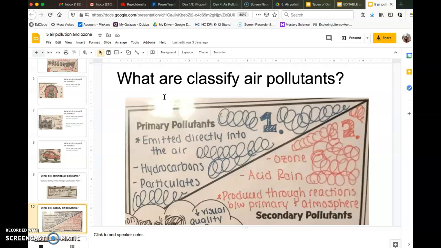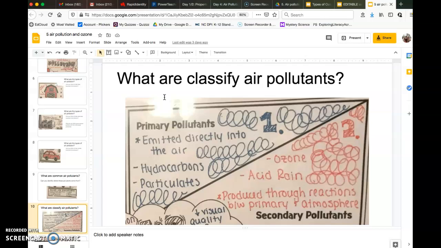So these are pollutants that are emitted directly into the air. So no chemical modification is needed for this to be an air pollutant. It already is when it goes into the atmosphere. Some examples of these are hydrocarbons and particulates. Remember we talked about particulates: dust, ash, sediment.